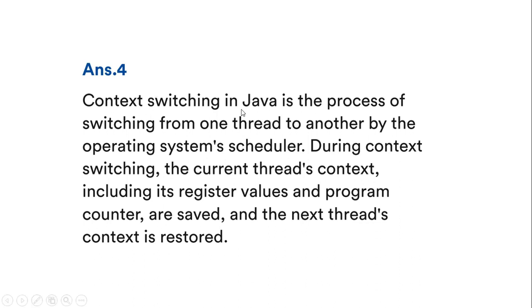Context switching in Java is the process of switching from one thread to another. If we move from one thread to another, it is called context switching by the operating system scheduler. During context switching, the current thread context, including its register values and program counter, is saved, and the next thread's context will be restored.